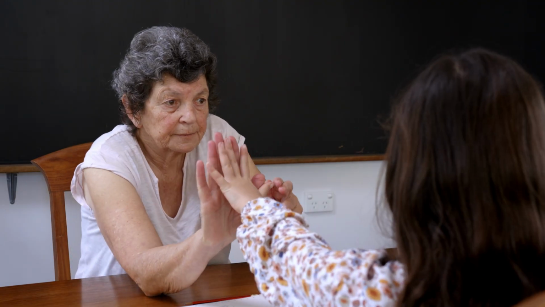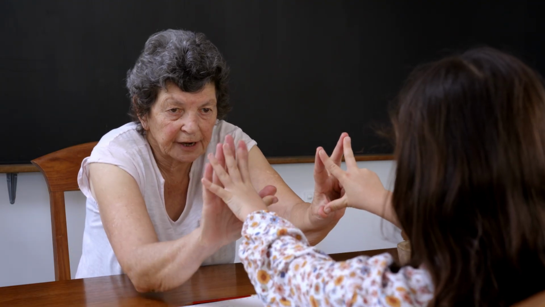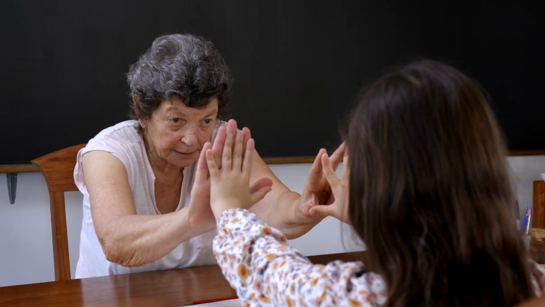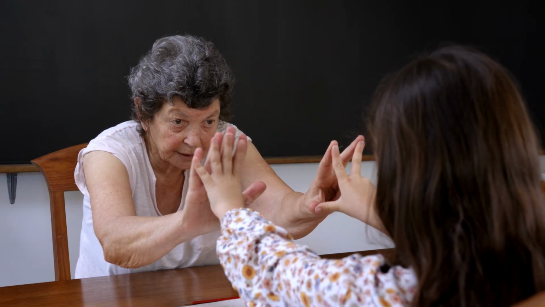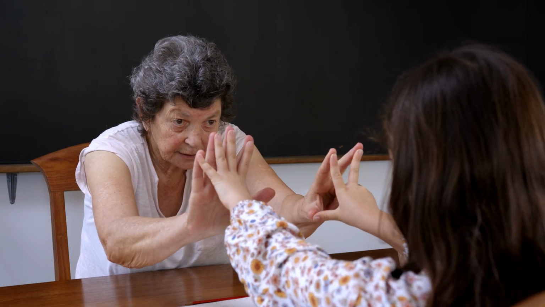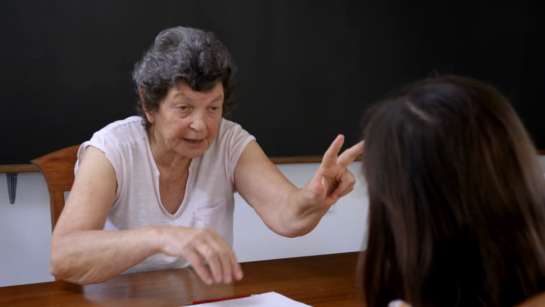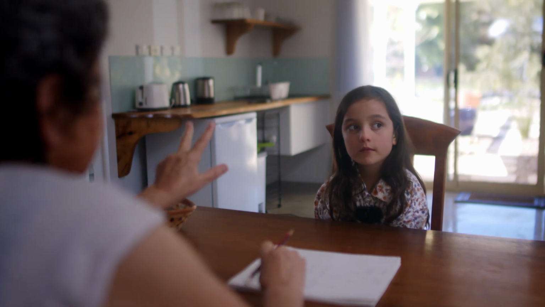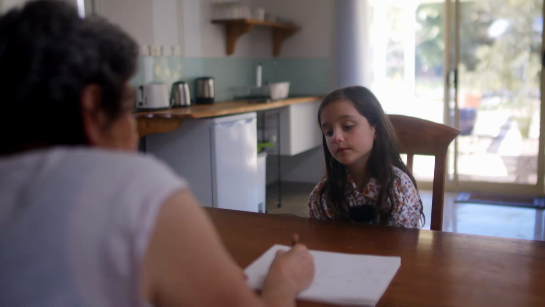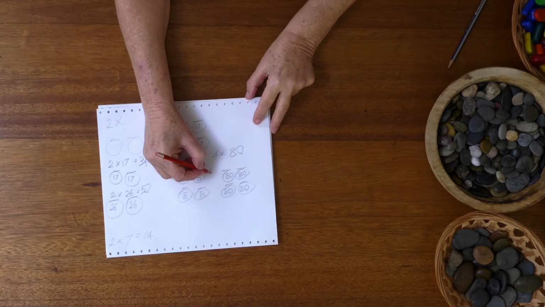You're going to show me. 2 lots of 8 10s is, how many have we got here now altogether? 2, a 10, and a 6. A 10 and a 6. What's that called at school? 16. So 2 lots of 8 tens is 16 tens.